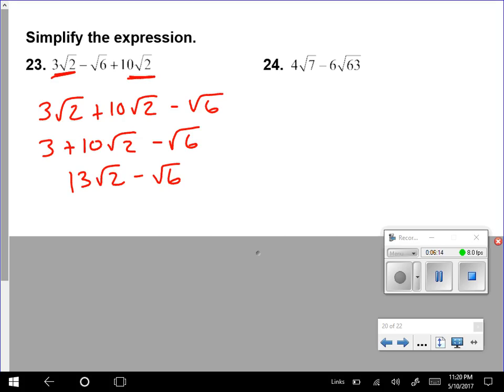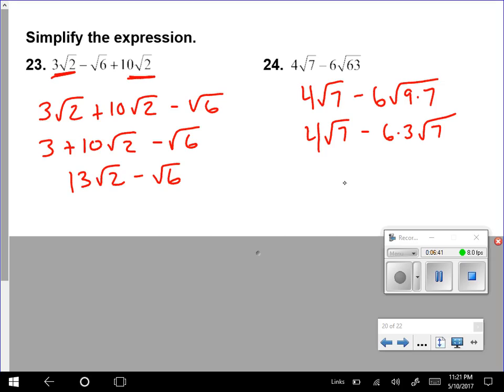Okay, this one kind of looks like we don't have like radicals, but if we were to take 63 and break it out, simplify that radical, well, the square root of 9 is 3. 6 times 3, so I'm just going to write that out so you see what I did.